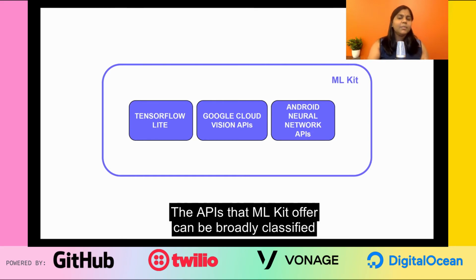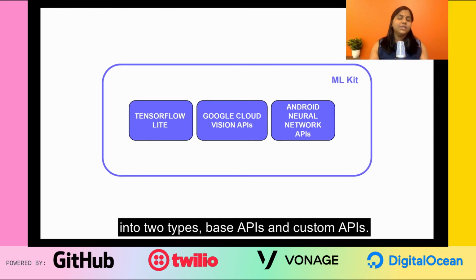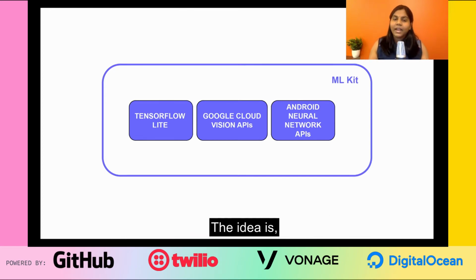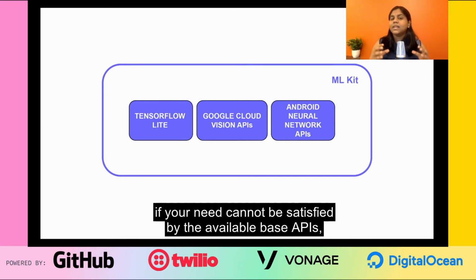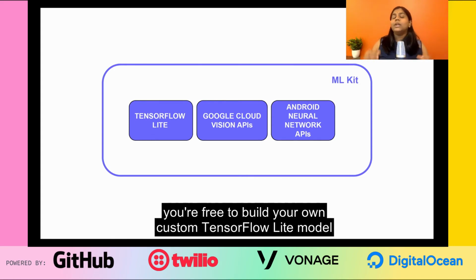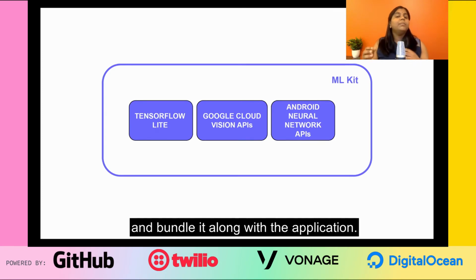The APIs that MLKit offers can be broadly classified into two types, base APIs and custom APIs. The idea is if your need cannot be satisfied by the available base APIs, you're free to build your own custom TensorFlow Lite model and bundle it along with the application.